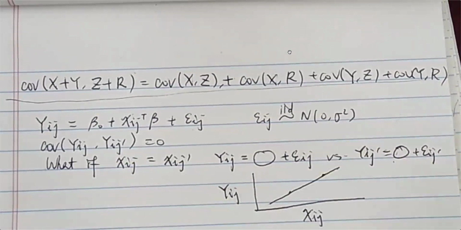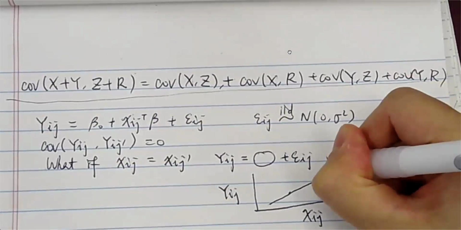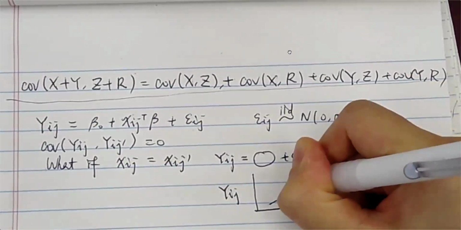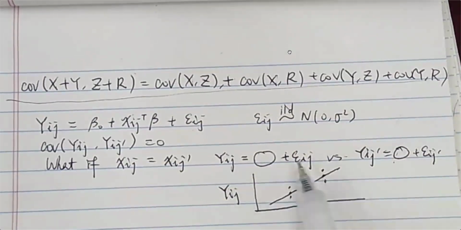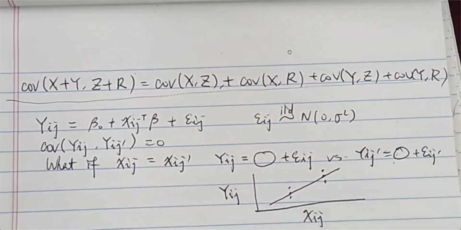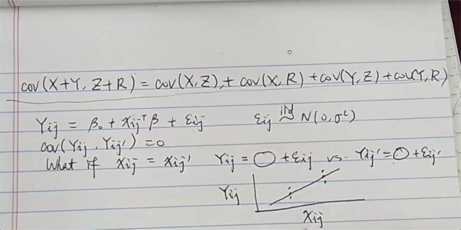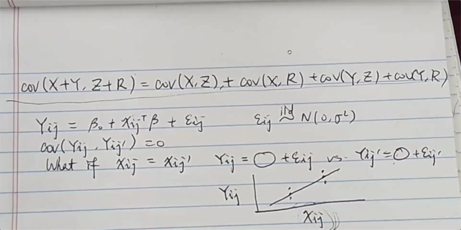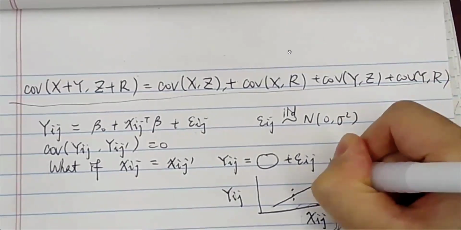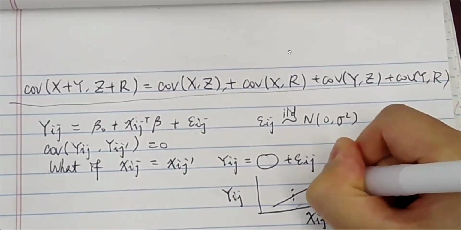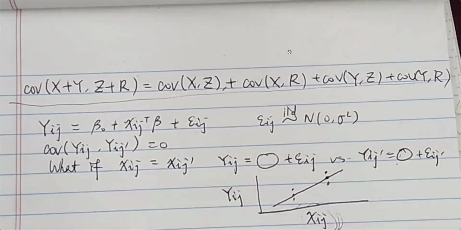But the error terms we're assuming are something like this. So it's actually what is off the line. Then when we're saying Yij and Yij prime are independent, when we assume Xij being fixed, we're just saying, okay, around this point, whether the value is above or below the line, they are independent.